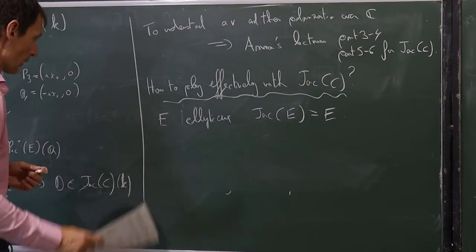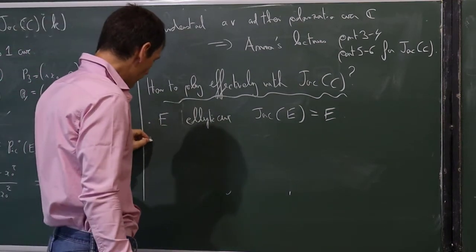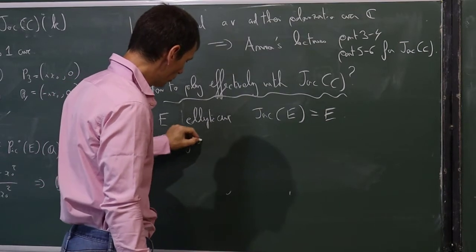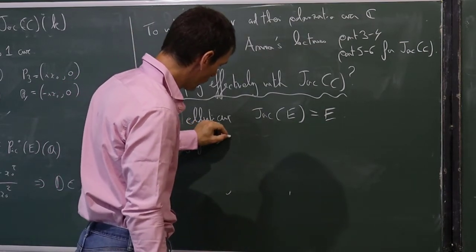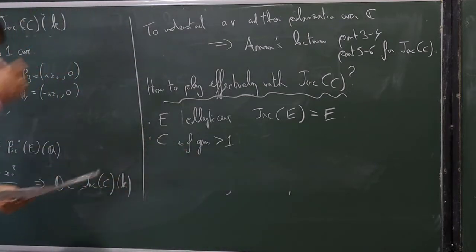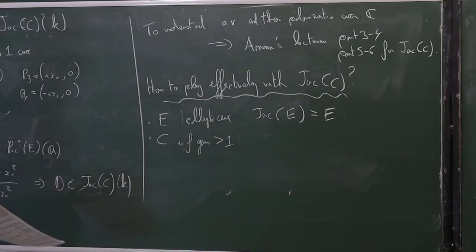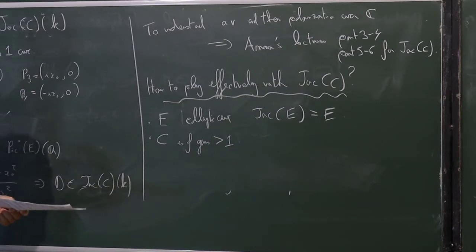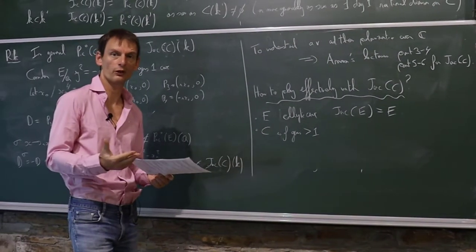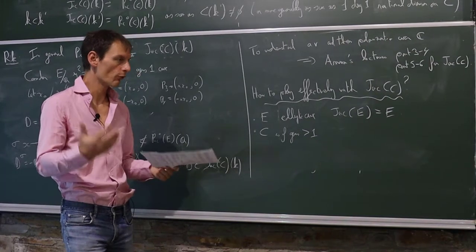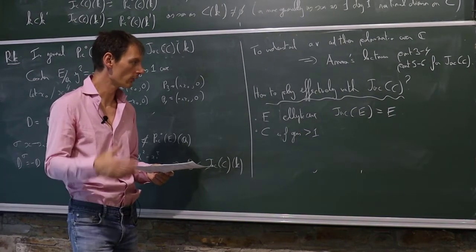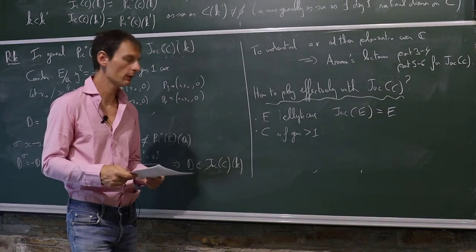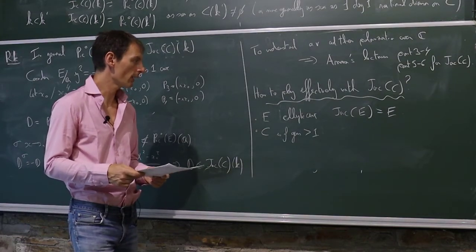In general, if now C is of genus greater than 1, there are algorithms to play with the points on the Jacobian. There are two flavors. There is one which is usually based on looking at the curve as a certain function field over a finite field, or over any kind of field. This has been developed quite thoroughly in Magma by Florian Hess.